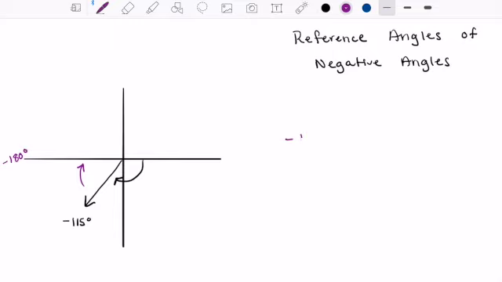So we have negative 180 minus negative 115. Well, we know that those signs are going to change, giving us kind of an addition problem. And we know that this is going to be negative 65 degrees. All right, so our reference angle, we got negative 65. But remember, your reference angle is always positive. It's always the distance, so it's going to be 65 degrees.